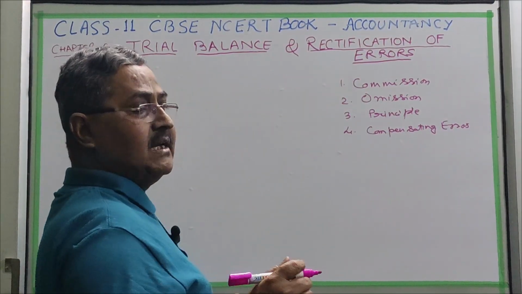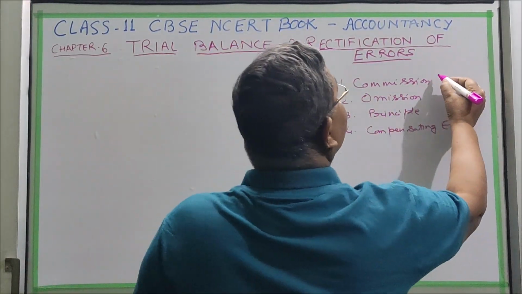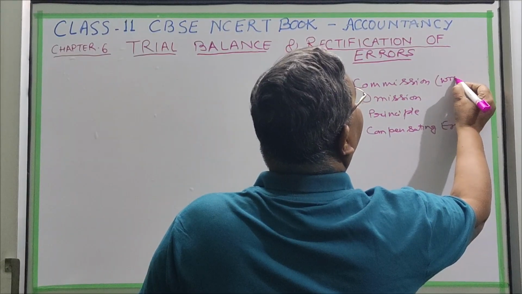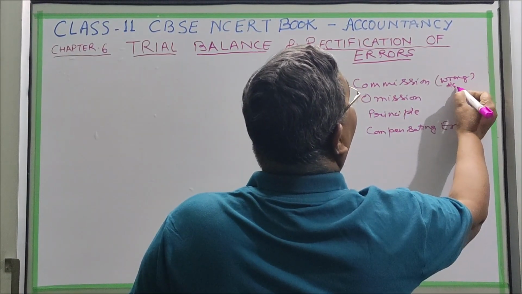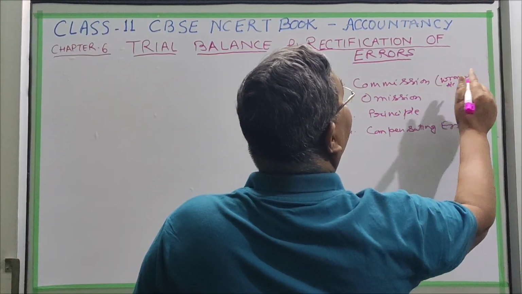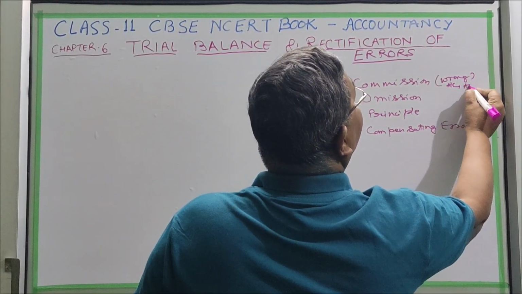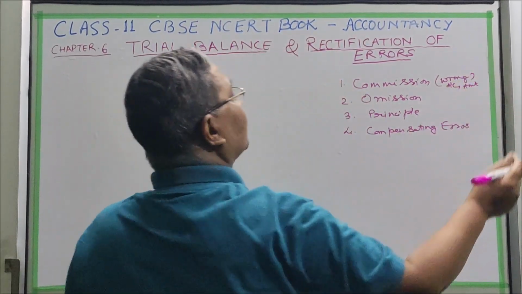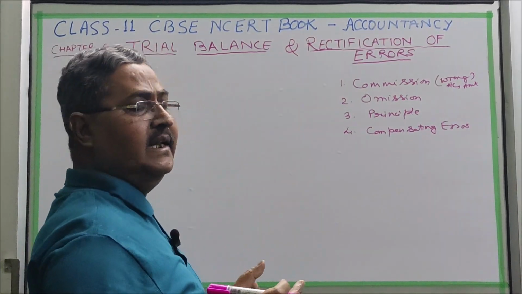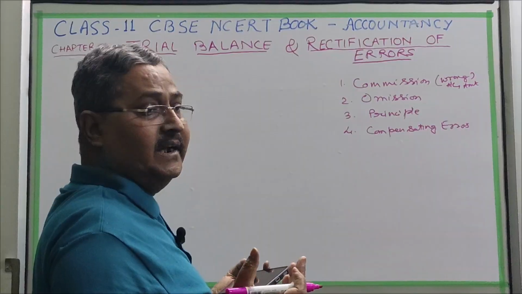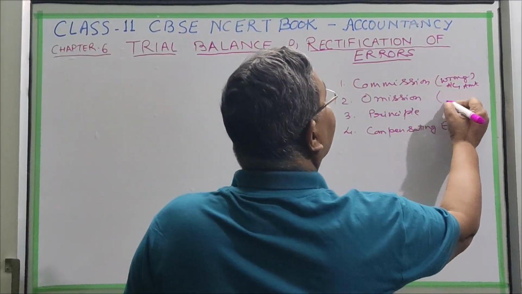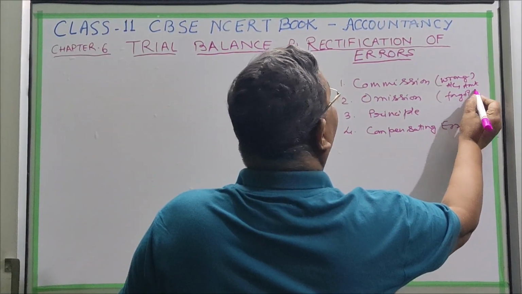So error of commission means something wrong, wrong account, wrong amount, like anything wrongly done comes here in commission. Omission means you have forgotten.